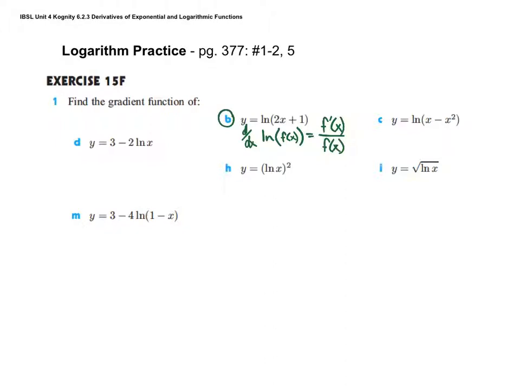Okay? What is f of x here? F of x is 2x plus 1. I'm using the notation that the rule had up above, just to try to clarify here.